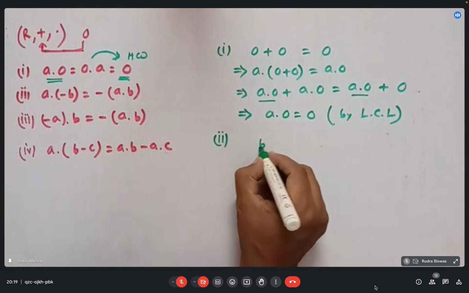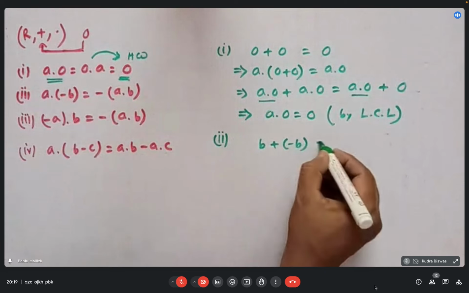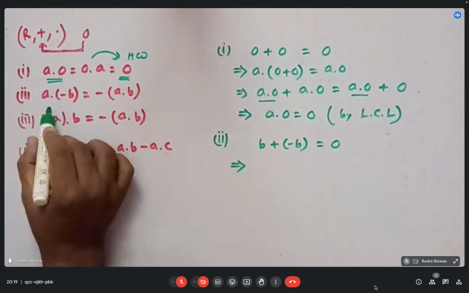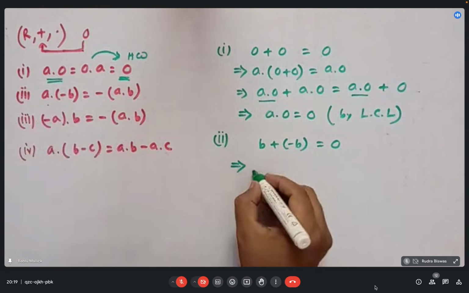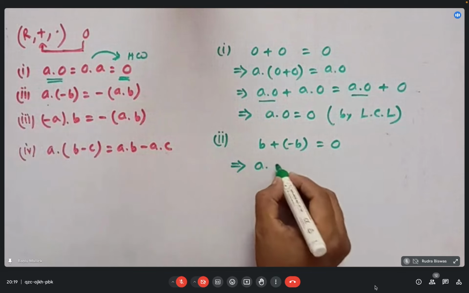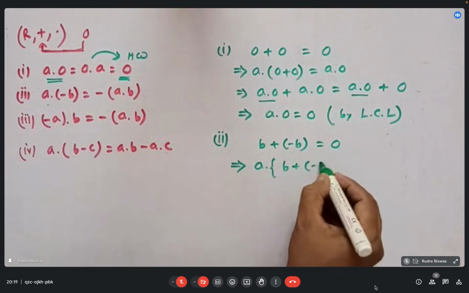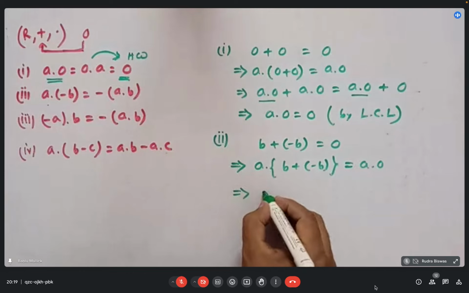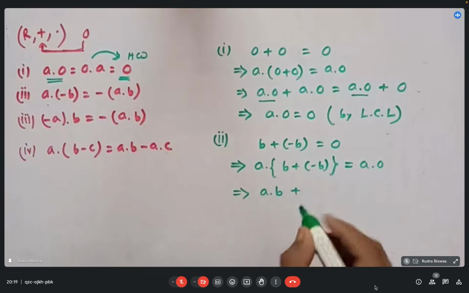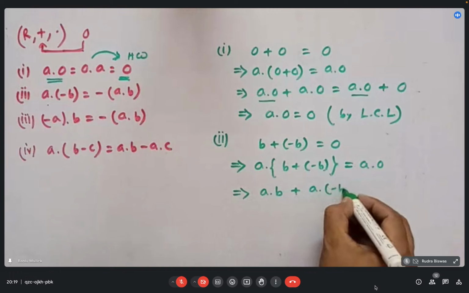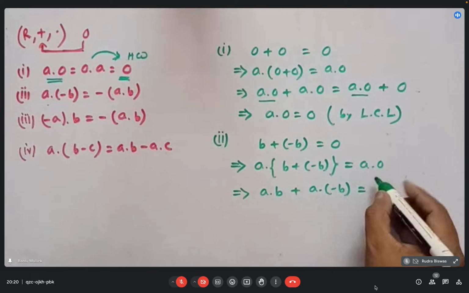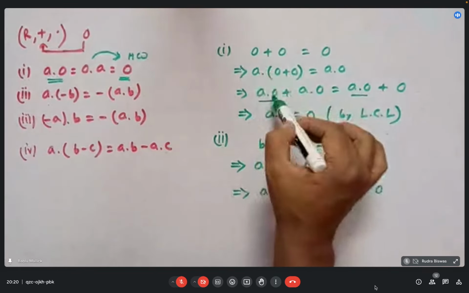Write. We have b plus minus b is equal to 0. This implies I multiply by a. So a into (b plus minus b) is equal to a into 0. This implies a into b plus a into minus b is equal to a into 0. We have already proved a into 0 means 0.